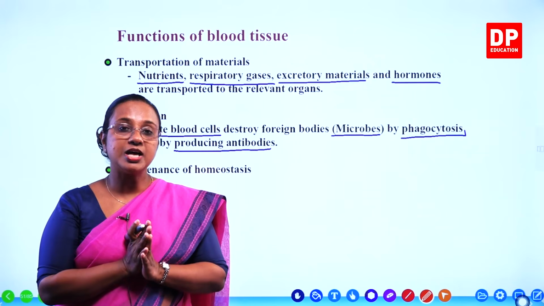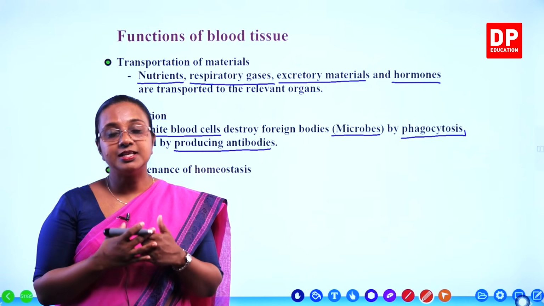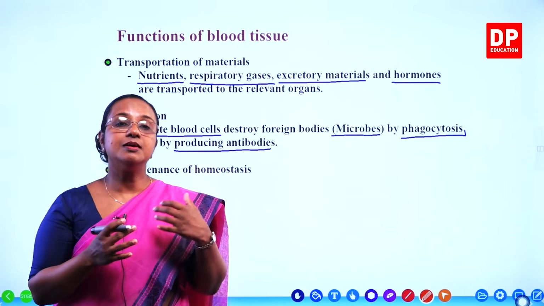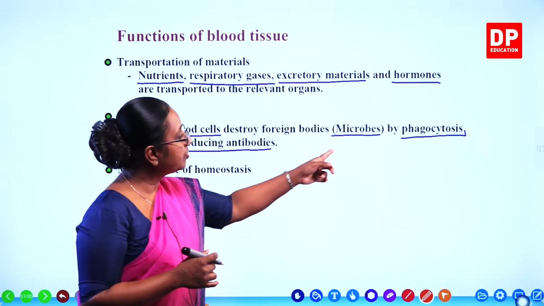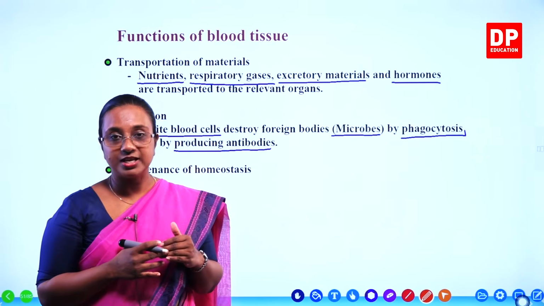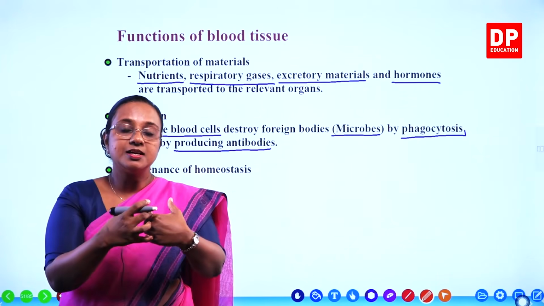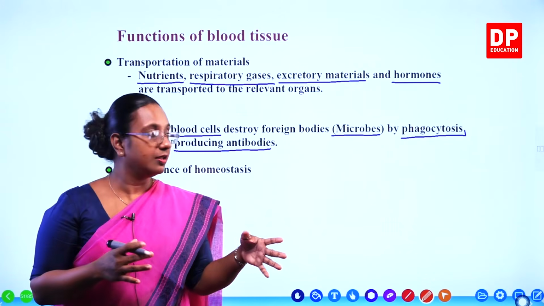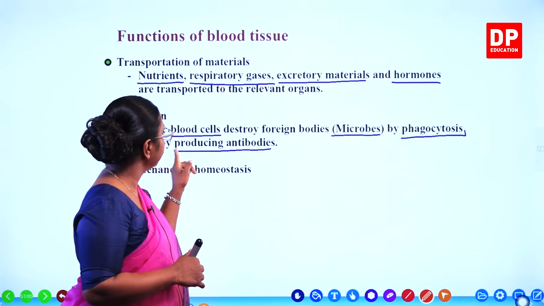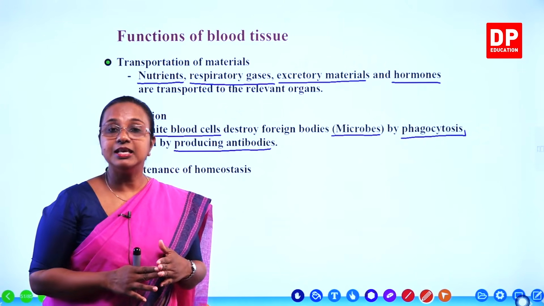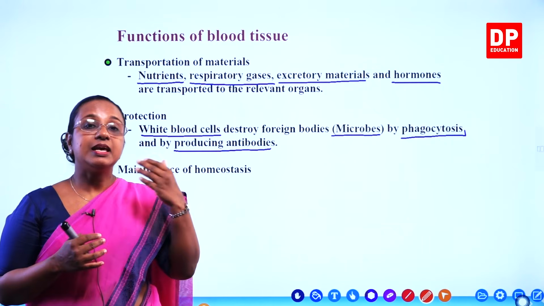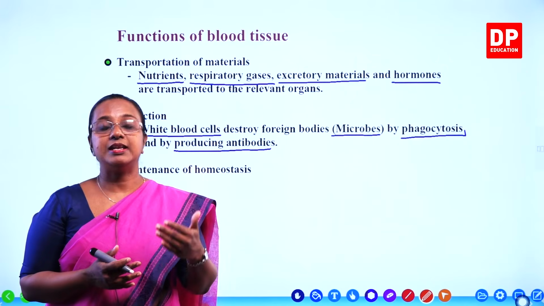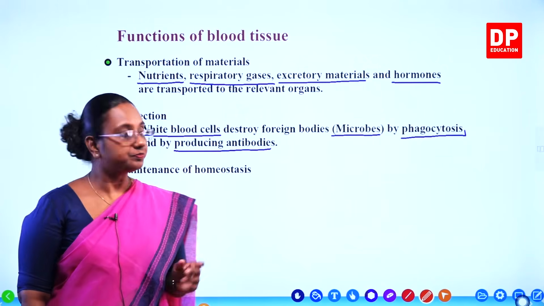When we say phagocytosis, the white blood cell engulfs and destroys the pathogen. That process is known as phagocytosis. Engulf means just surround the microbe, contain it within the cell and destroy it. Whereas the second method is by producing antibodies. That is a chemical substance that is produced against the microbe that has entered the body.